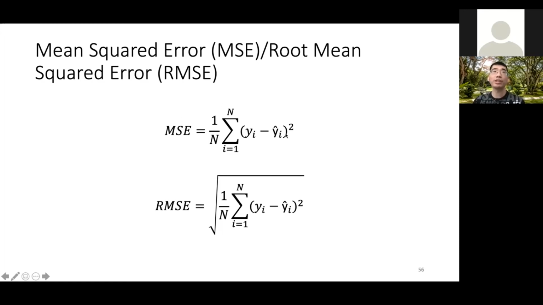MSE is calculated by the sum of squares of prediction error, which is the real output minus the predicted output, or y hat, and then divided by the number of data points. Okay, so it gives us an absolute number on how much our predicted results deviate from the actual number. Of course, we cannot interpret much insight from one single result, but it gives us a real number to compare against other model results and to help us select the best regression model.